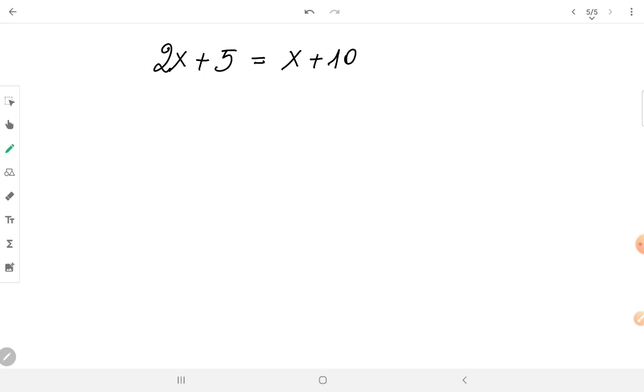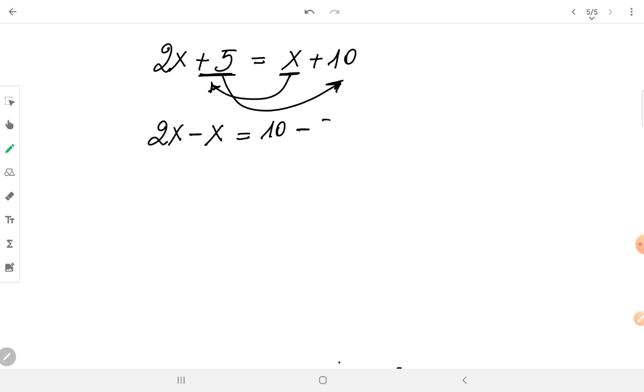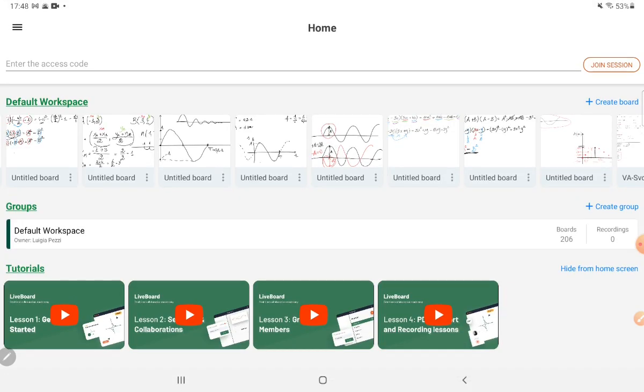We can apply the rules: x passes to the first member, 5 passes to the second member, and we obtain 2x minus x equal to 10 minus 5.